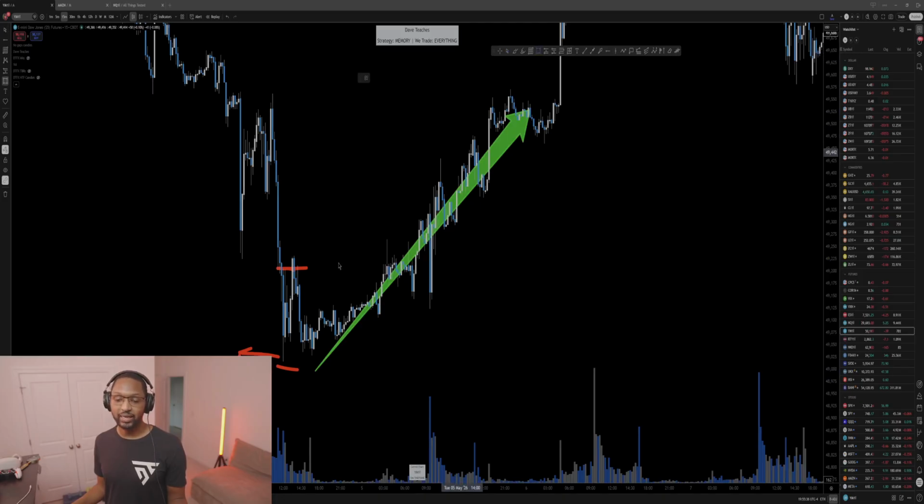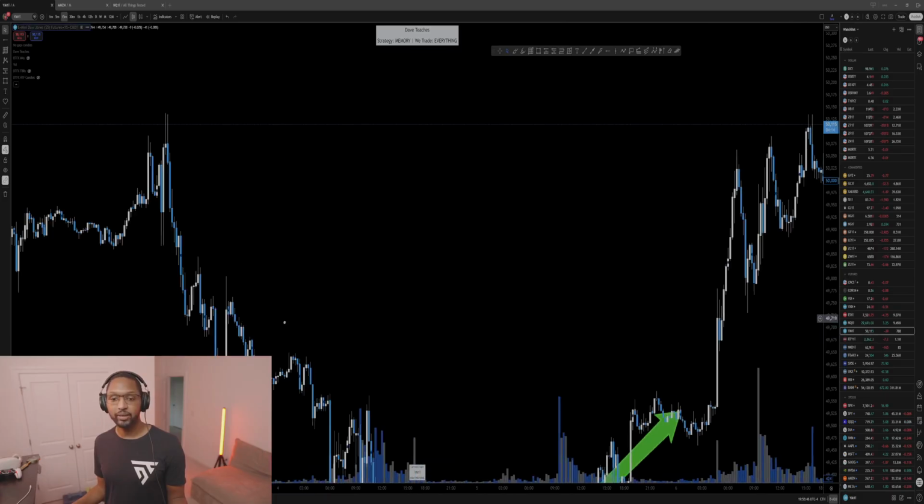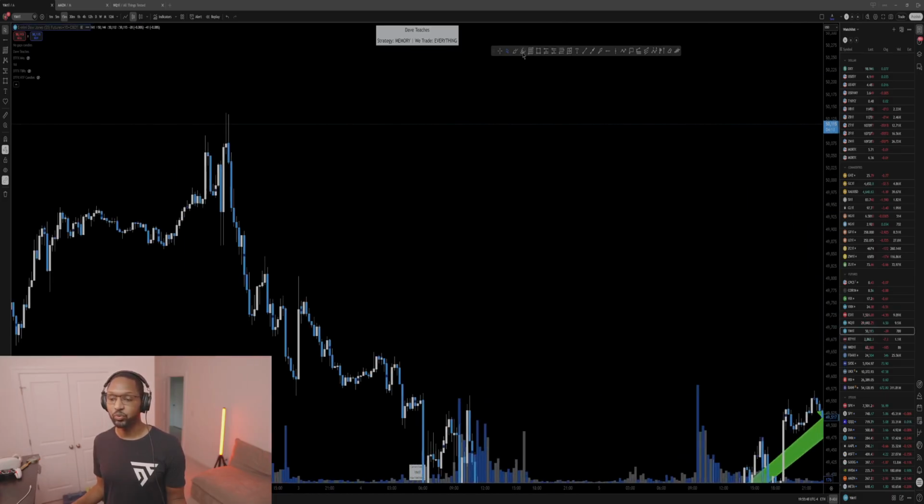That last down candle is what I'm saying is the R box. And then to the top side, we have this up candle here, this 8 o'clock up candle. Then we have this 9:45 up candle, and also the 10 o'clock up candle. Which one is the highest up candle? The highest up candle would be that 10 o'clock candle.